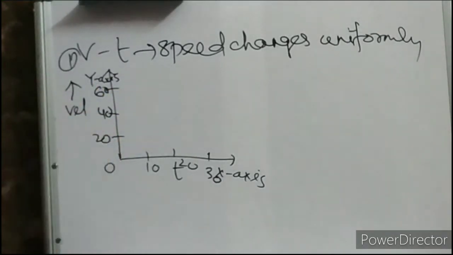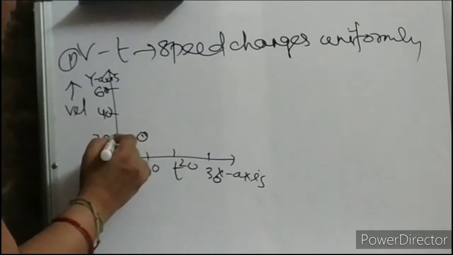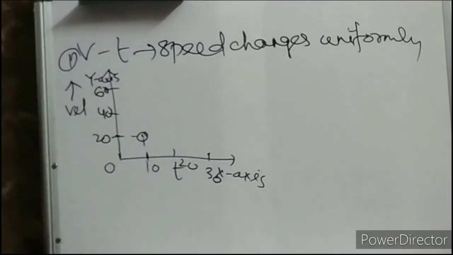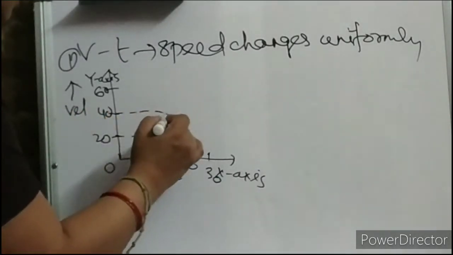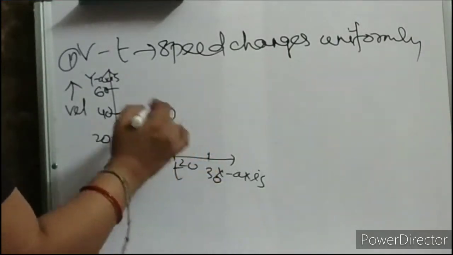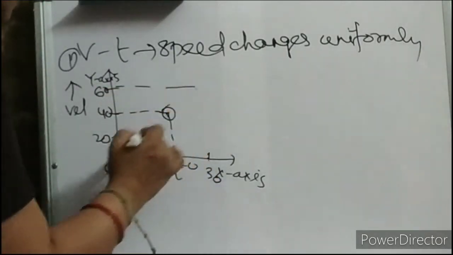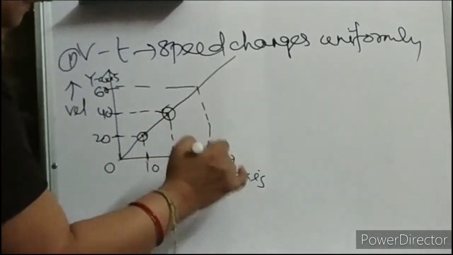In first 10 seconds, suppose your object is traveling with velocity 20 meter per second. Like this. Okay? And in next 10 seconds, here the velocity is 40. And here the velocity is 60. Okay children?